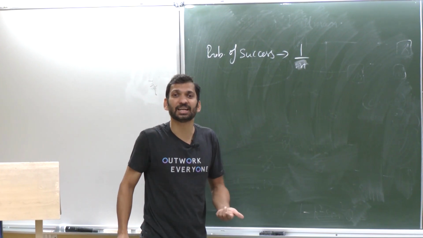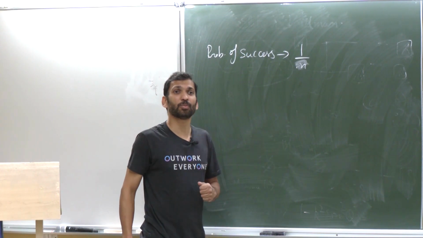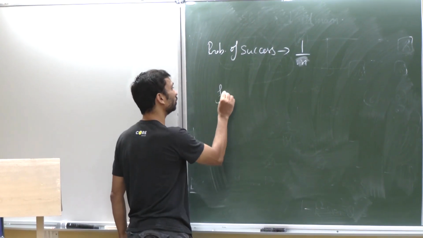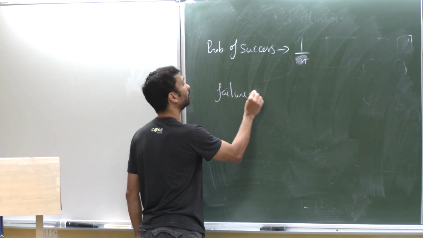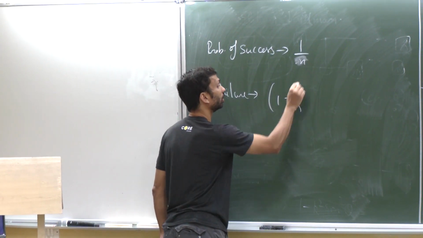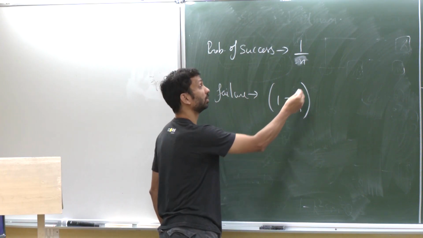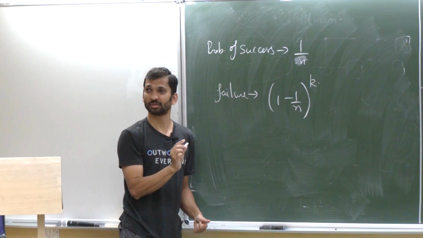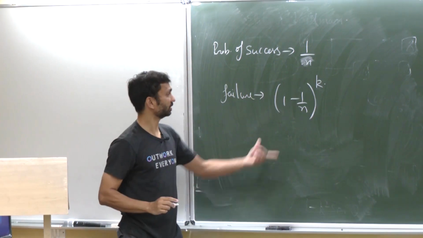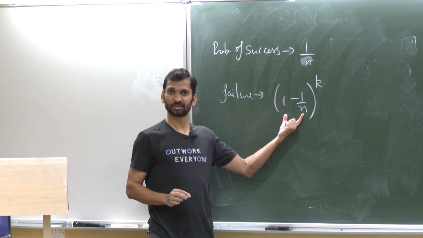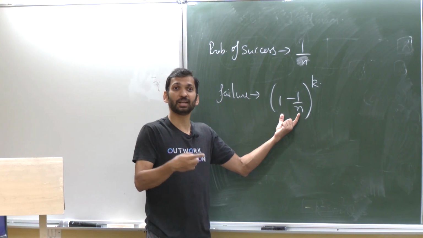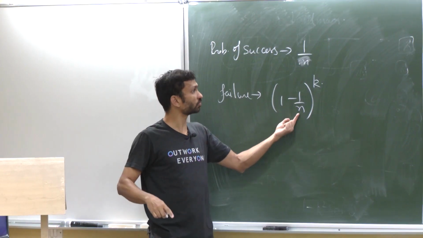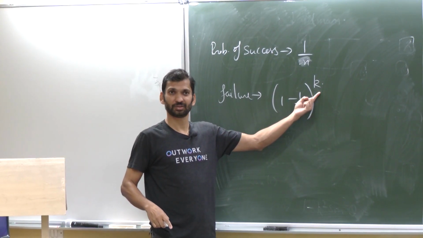If I repeat it k times, what is my probability of failure? I am a failure if I haven't found Satvik in any of the k iterations. So it is (1 minus 1 by n) to the power k. Correct?